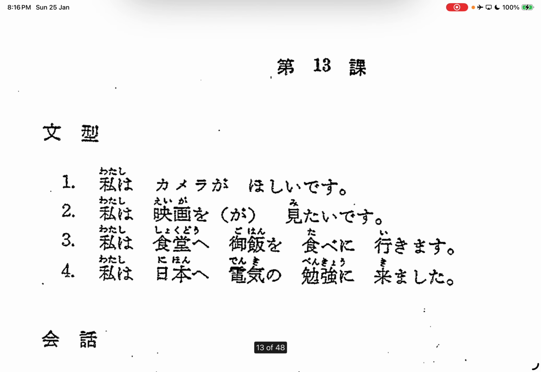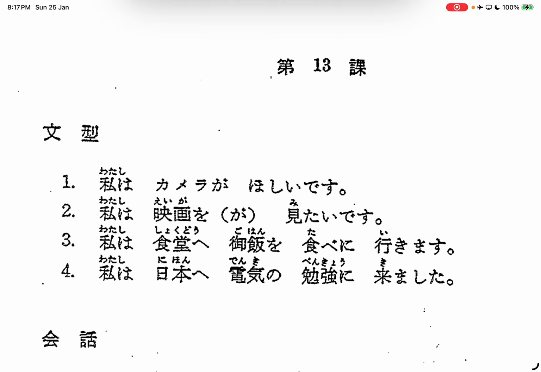好的，这边 Lesson 13. 文型 Alright, sentence structure. Number 1. 私はカメラが欲しいです. Right, we learned 欲しい before in lesson E1. Right, it's like our 好き嫌い上手下手 and then we have 欲しい. So 欲しい is an E adjective, as you can probably guess.